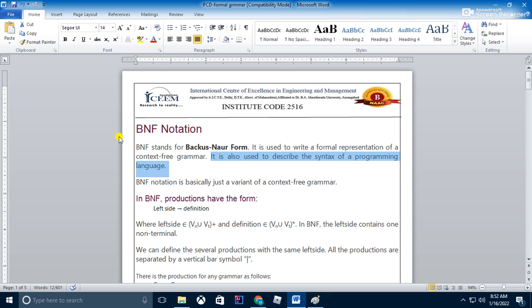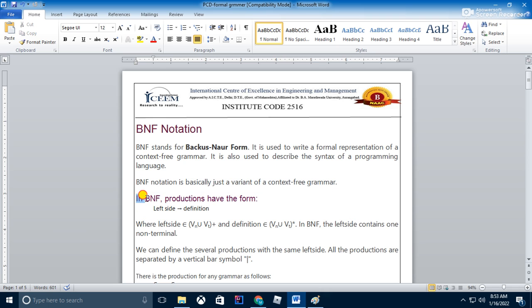For that purpose we use context-free grammar, in which BNF notations are used. BNF notation is basically a variant of context-free grammar.